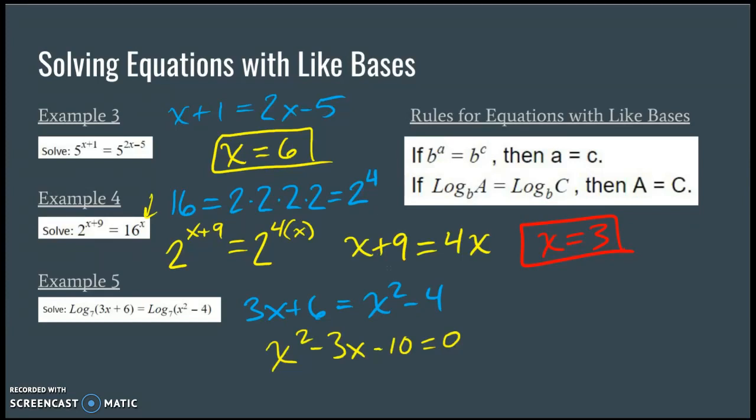Now I have my quadratic in the format I need to solve it. The easiest way to solve a quadratic is by factoring. I'm looking for factors of negative 10 that will add together to give me negative 3, which in this case is going to be x minus 5 and x plus 2.